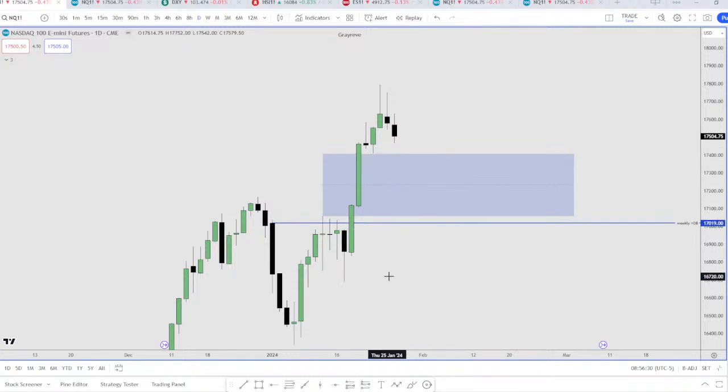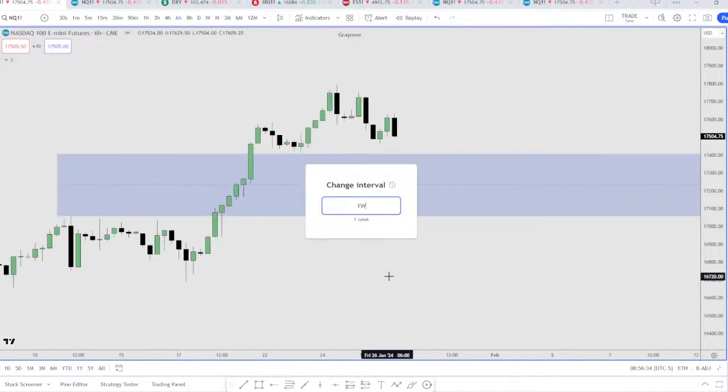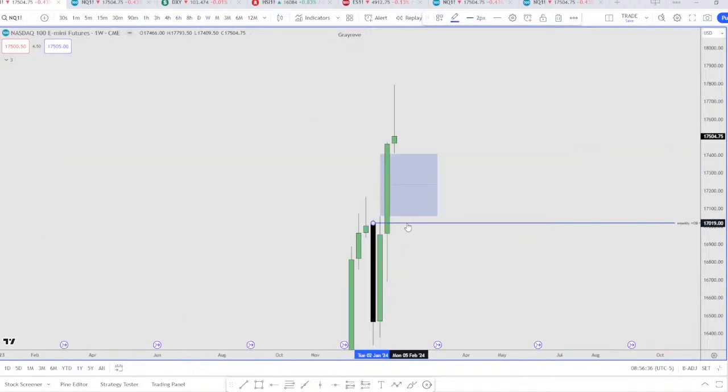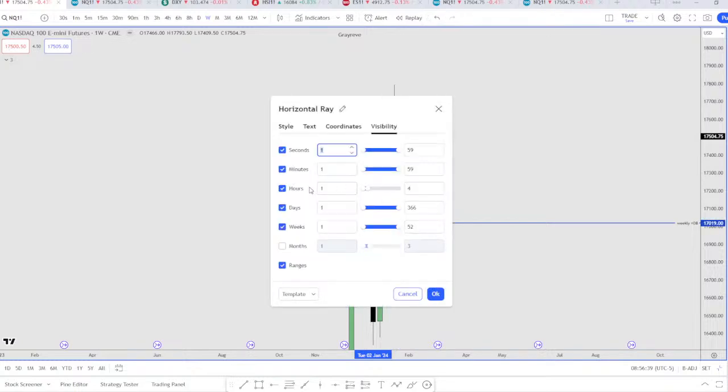Within this area, if there's anything I can utilize. What is this? It's not showing.